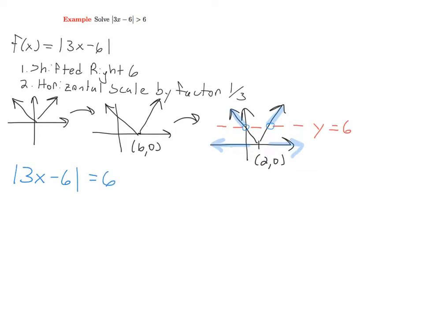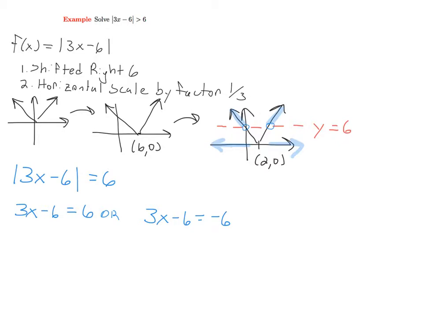And recall what we know about absolute values: this is going to occur when the expression inside the absolute value equals 6, as well as when the expression inside the absolute value is equal to minus 6, because when we take the absolute value of that, we would get positive 6.